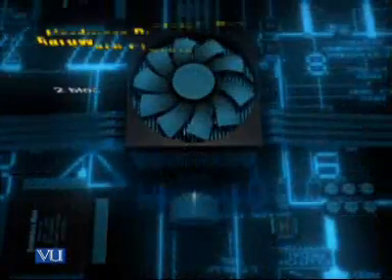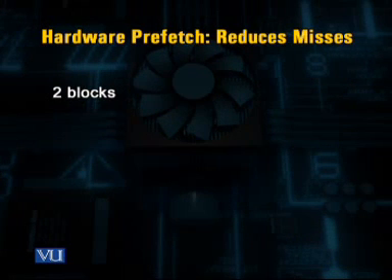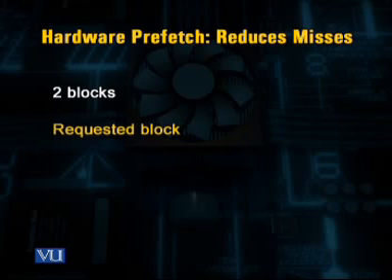The instruction prefetching is done in hardware outside the caches. Here, the hardware is designed such that on a miss, 2 blocks are fetched, that is, the requested block and a subsequent block.